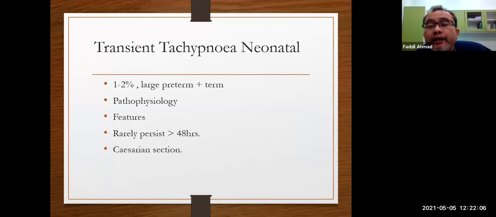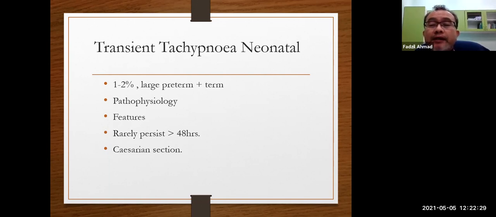During delivery, crying, and absorption, the fluid is taken out of the lung and the lung becomes dry, but sometimes it takes time. It doesn't occur as fast as we want, so the lung is not dry fast enough.